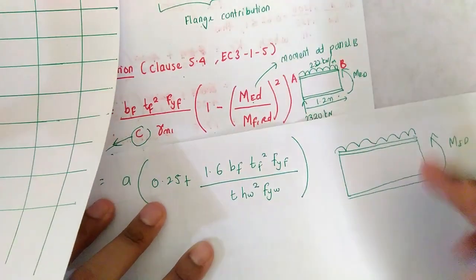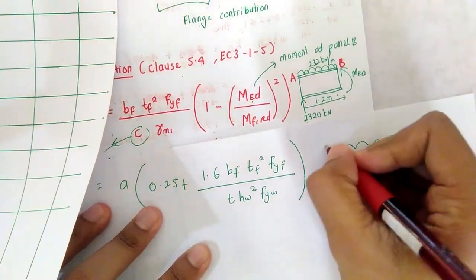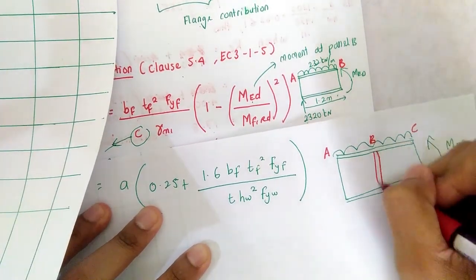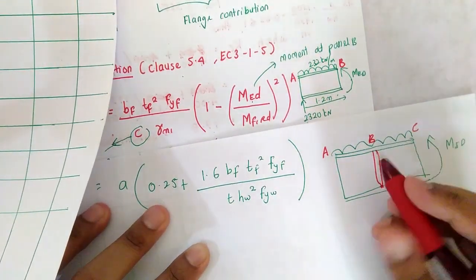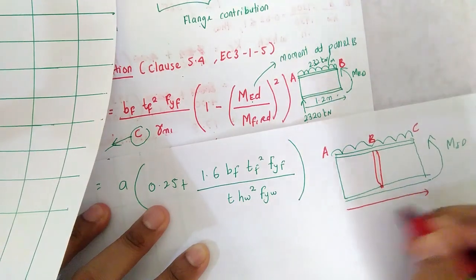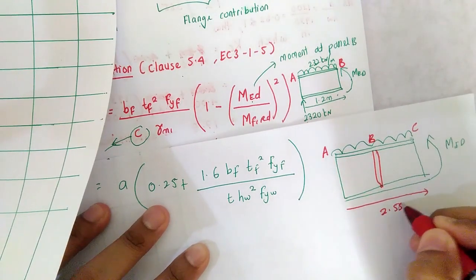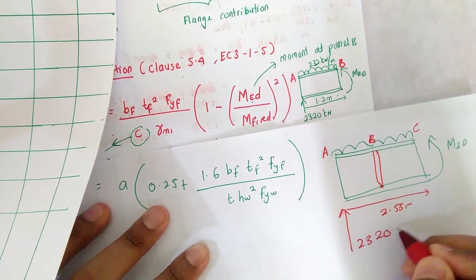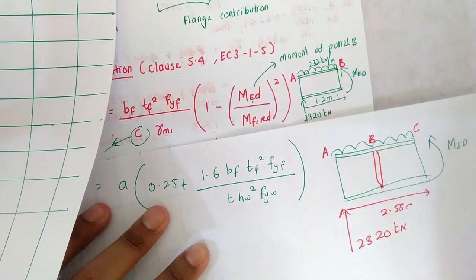So for panel AB, and then you have another panel, panel BC. For panel BC, the length is 2.55 meter, and the reaction at the support is 2320 kilonewton.